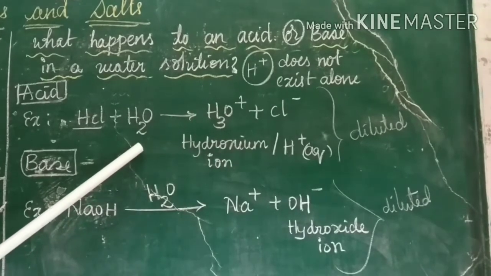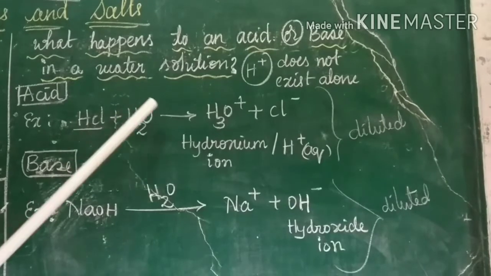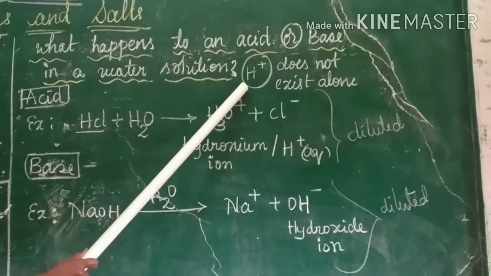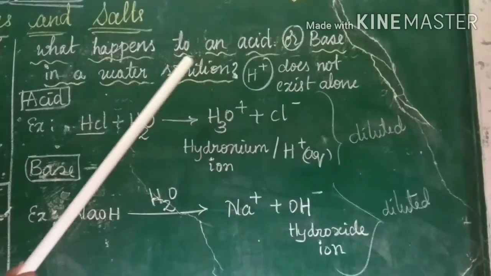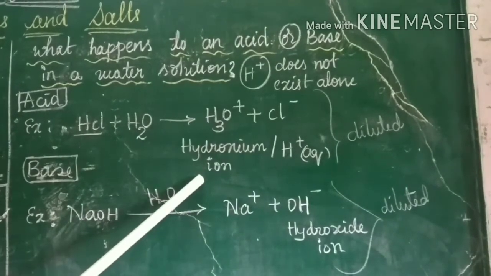Look, children, HCl in water solution produces hydronium ion. The hydrogen ion does not exist alone, it exists by combining with water as hydronium ion.